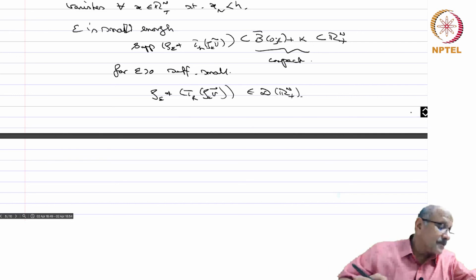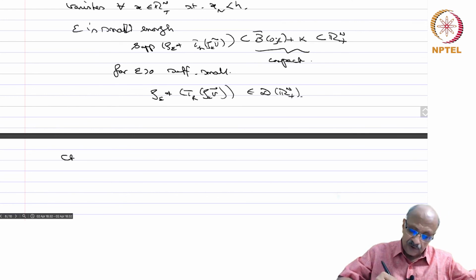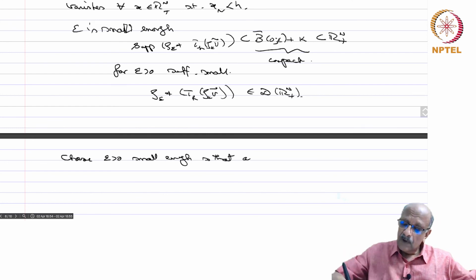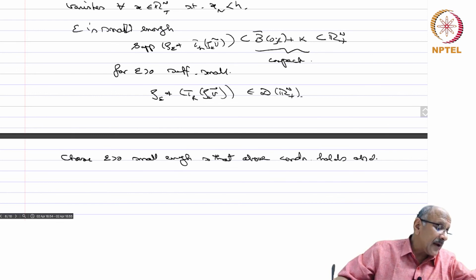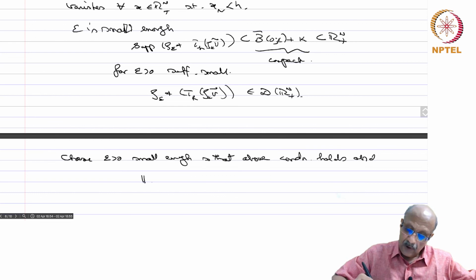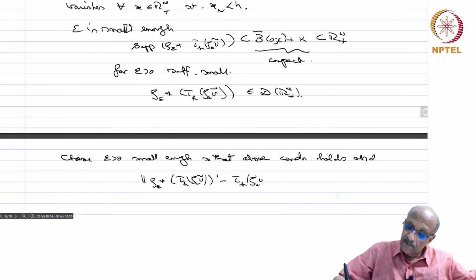So now choose epsilon small enough so that the above condition holds, that is, the support is in Rn plus, and you have that the norm of rho epsilon star tau h zeta k V tilde minus tau h zeta k V tilde in H1 of Rn is less than eta by 3.